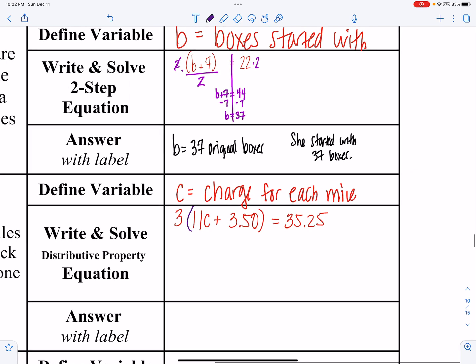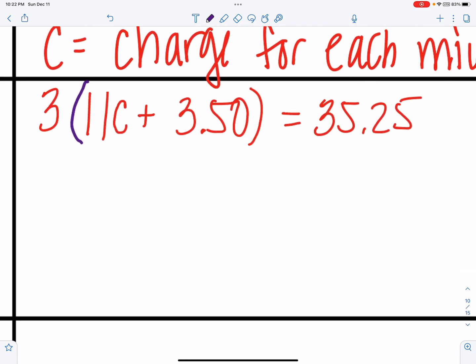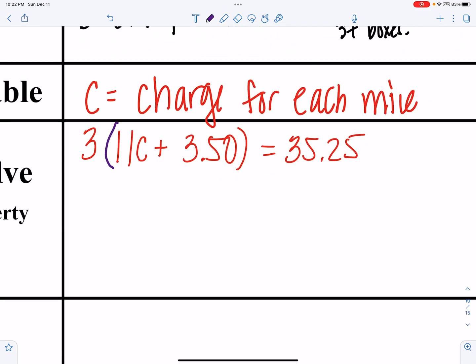Since we did the dividing method up above, let's go ahead and do the distributing with this one. Okay, and so I'm going to distribute this one out, and I'm going to get my 33C plus 3 times 3.50 would be $9, and then 3 of the 50 cents would be another $1.50.